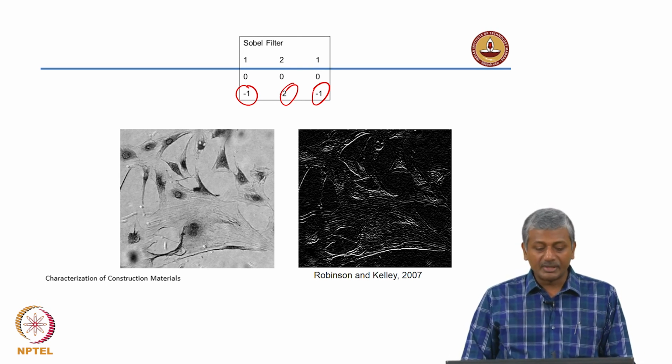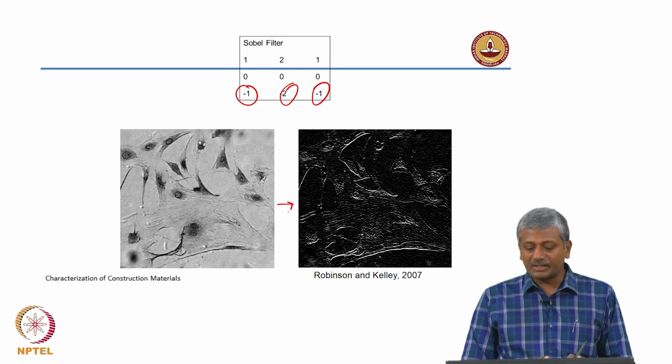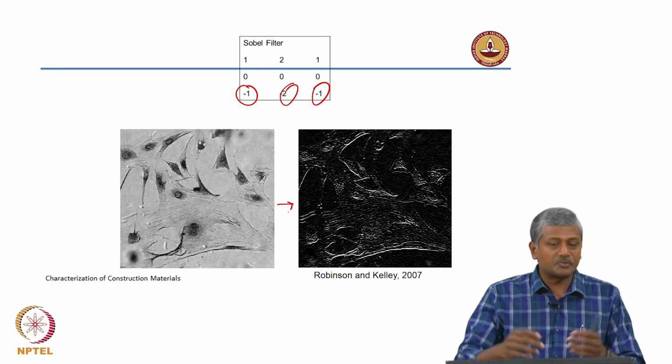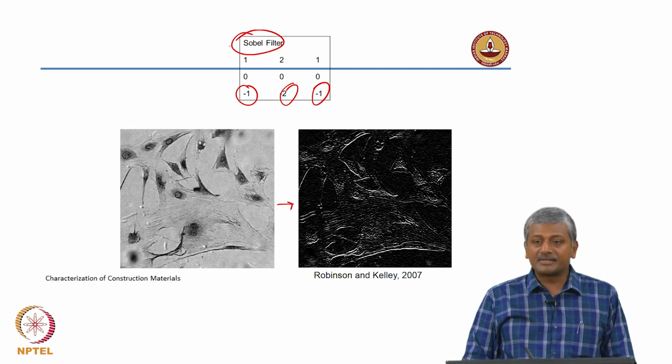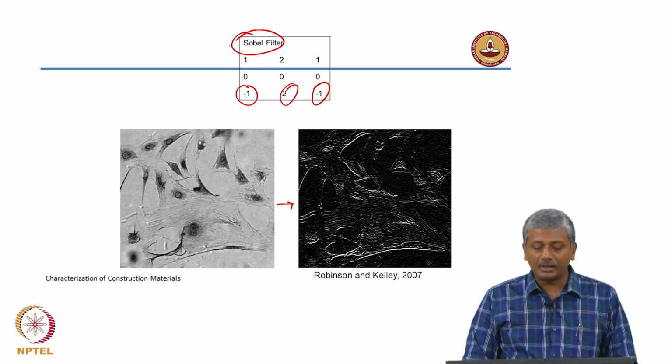Now, in this case, this filter has led to a complete change in the appearance of the image, and what do you think it has been doing? Sorry, I take my words back, this is not the sharpening filter, this is a Sobel filter. What do you think is the purpose of using this sort of a kernel matrix?